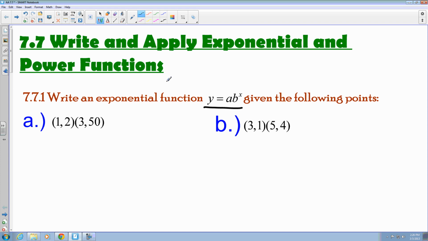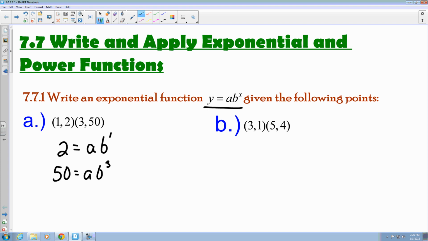So let's write two equations. I'm going to write 2, which is my y, equals a times b to the x power, and that happens to be 1. Second equation, I'm going to write 50 equals a times b, and that's going to be to the third power.